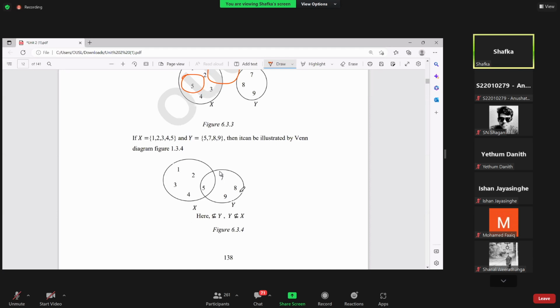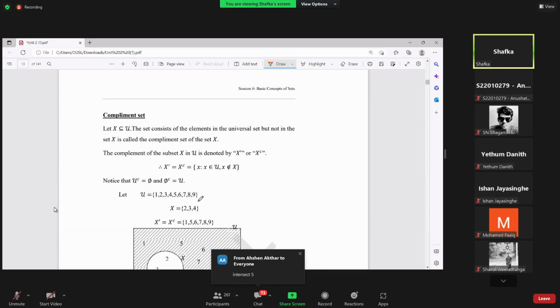Is X a subset of Y or Y a subset of X? No. Neither is a subset of the other, but there is a common area to represent. We call that area the intersection area.